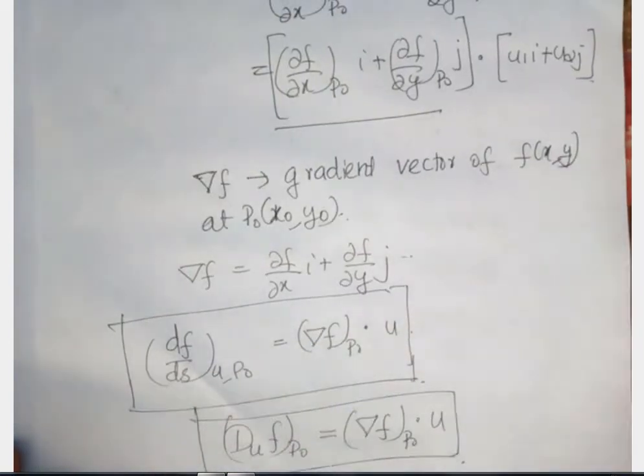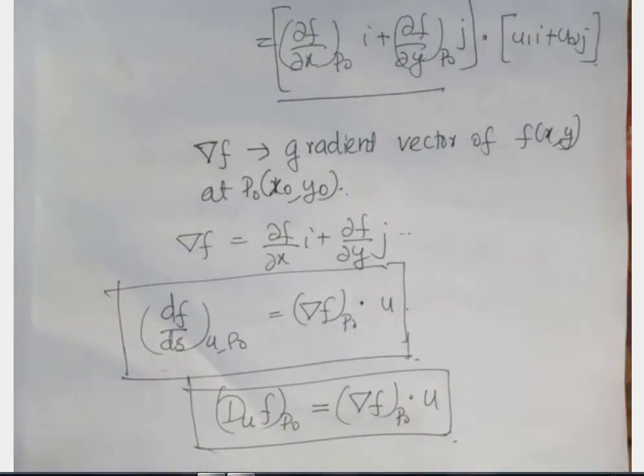Additionally, we have added a direction in this derivative. That's the meaning: corresponding to that direction, we are going to take the derivative. There is a difference between the derivative and the directional derivative. This is a definition.